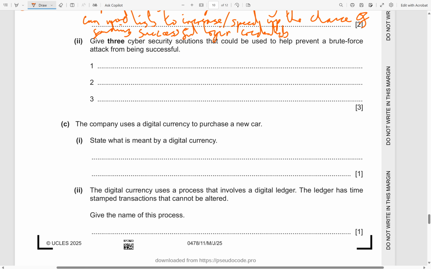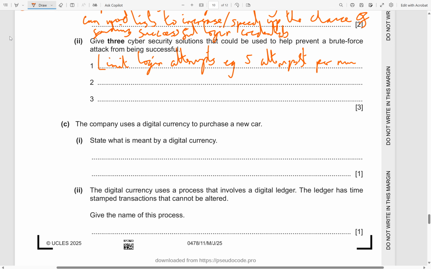Right, anyway, the next one: give 3 cybersecurity solutions that could be used to help prevent a brute force attack from being successful. So I guess we can say limit login attempts, e.g., 5 attempts per minute.